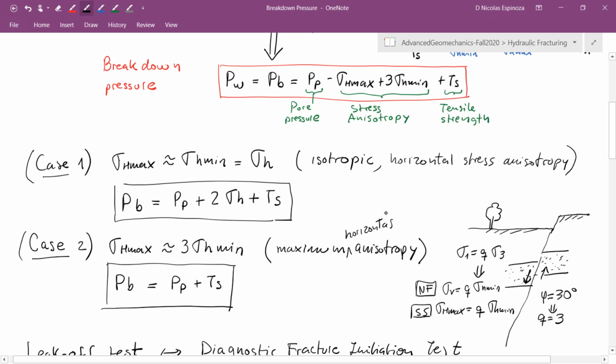In this case, we are going to have a horizontal anisotropy which is quite large, and the breakdown pressure is going to be affected by that. In this case, let's assume a maximum stress anisotropy in which sigma h max effective is equal to 3 times sigma h min effective.